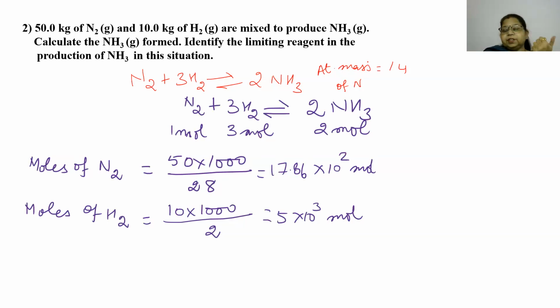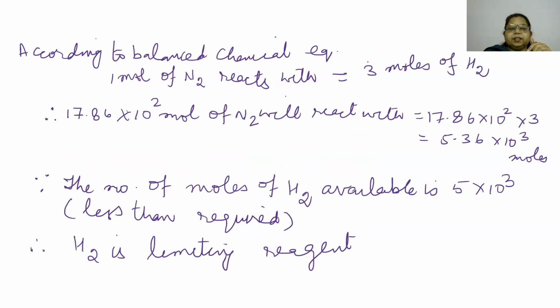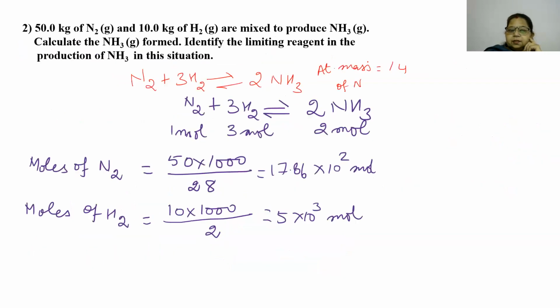First of all, as we did in the earlier question, we have to find the limiting reagent, right? For doing so, we have to first find the moles of nitrogen and hydrogen. Then we can decide. I believe you are able to find the number of moles, right?